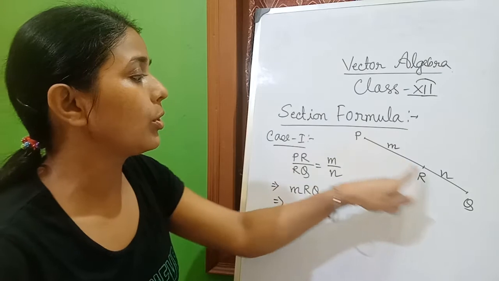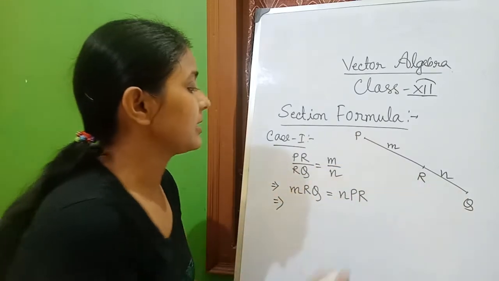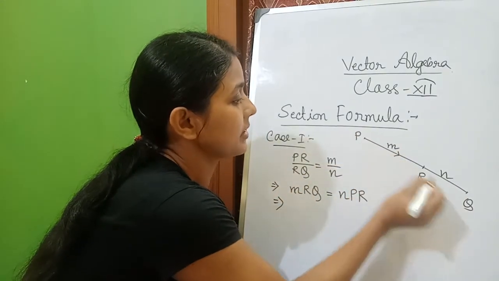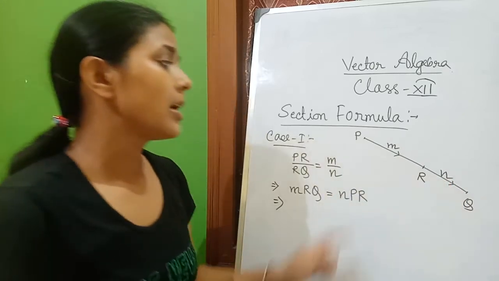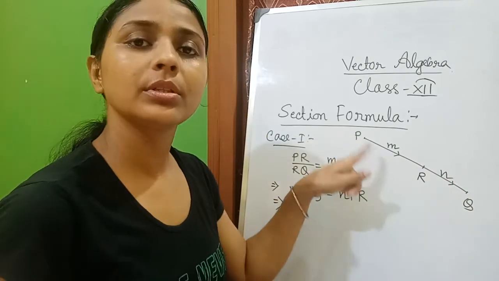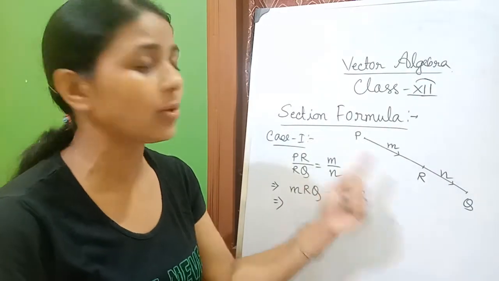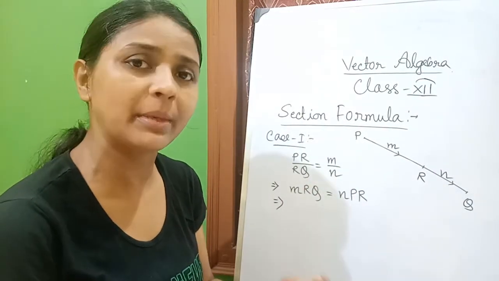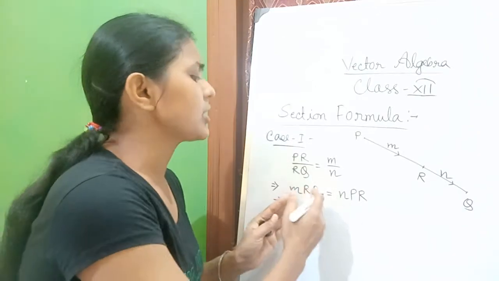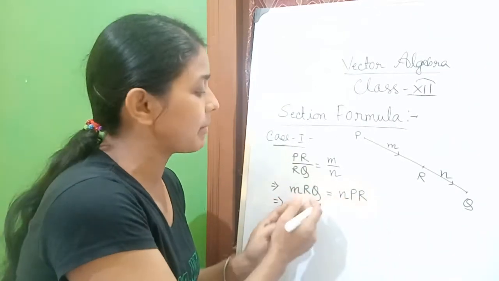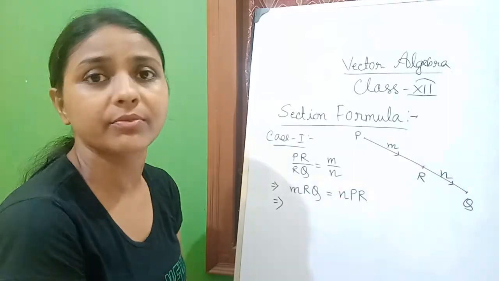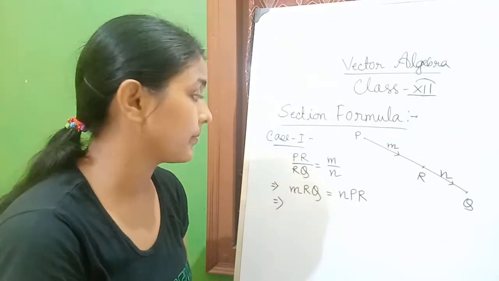Now I am giving an arrow on the side from P to Q. The whole line is one vector, which means the unit vector along the whole line is the same. For a while, think about multiplying both sides with the same unit vector.